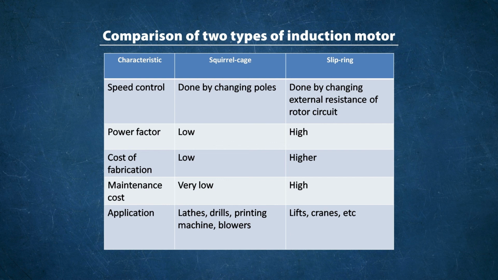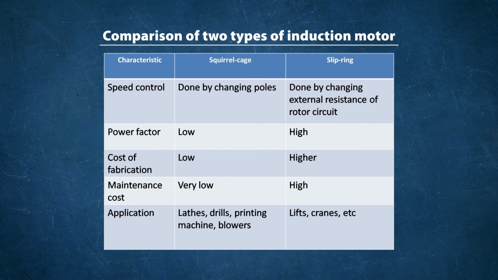But in case of induction machine, in case of squirrel cage, this is done by changing the poles. As I mentioned, speed N is equal to 120 F upon P. So by changing the number of poles, we can change the speed, but changing poles is not easy because at the time of construction, the number of poles is fixed.